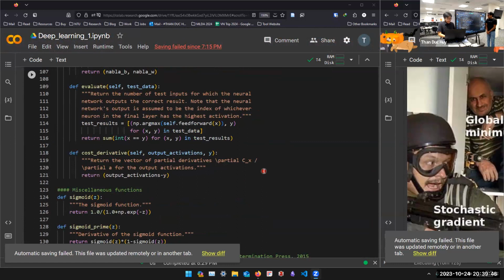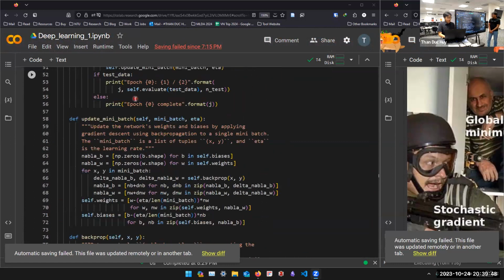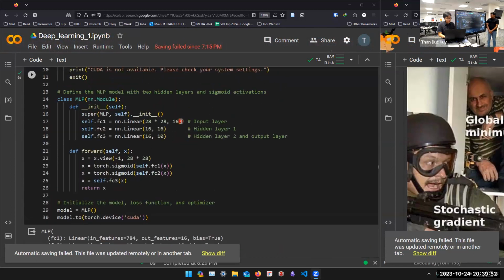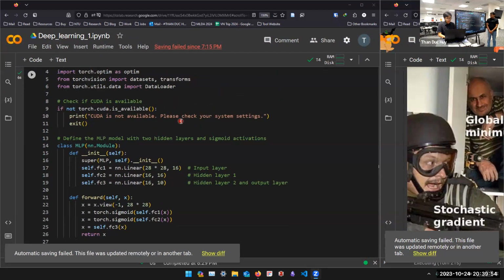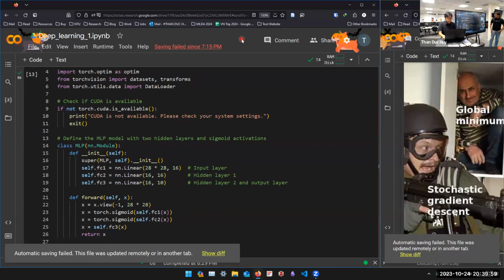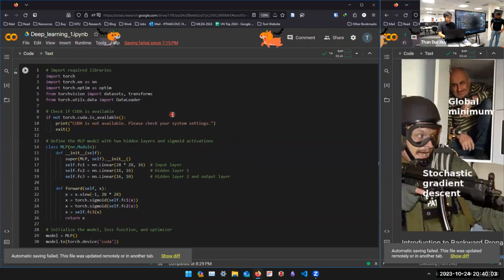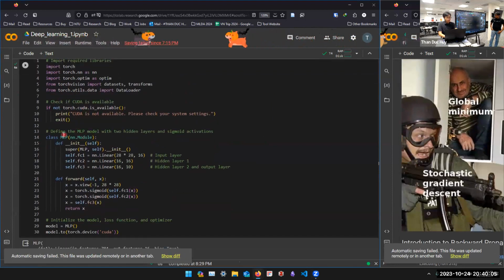So on the practical front, the big important code is this cell, the model initialization cell, where we define the multi-layer perceptron model.